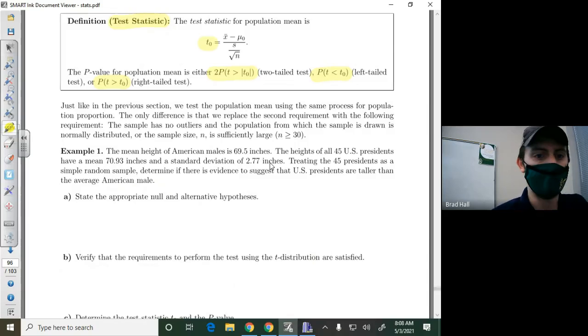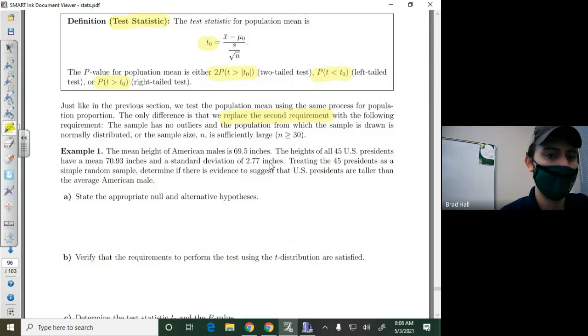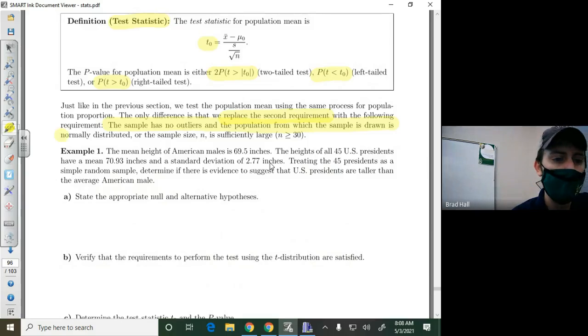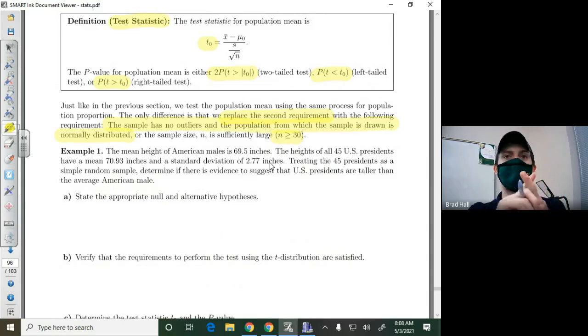So it says, we replace the second requirement, which is what I circled in the previous section, with the following requirement. Make sure you have no outliers. And you either need to be normally distributed or have a sample size of at least 30. So no outliers, that's just one independent detail.